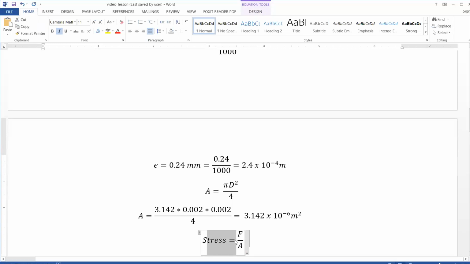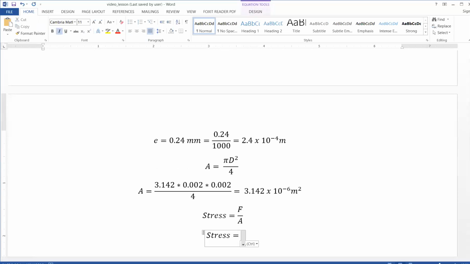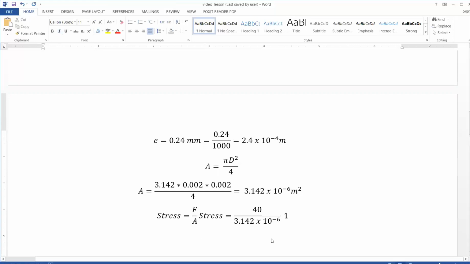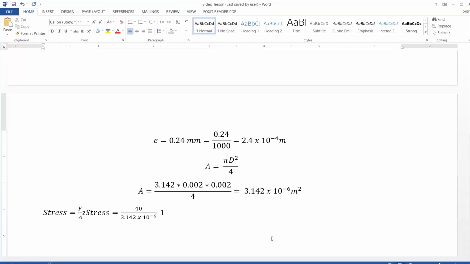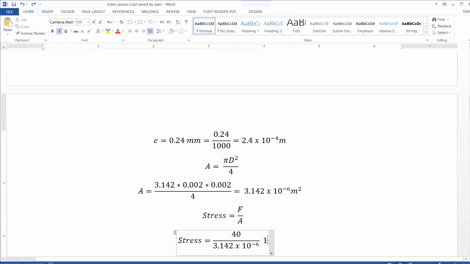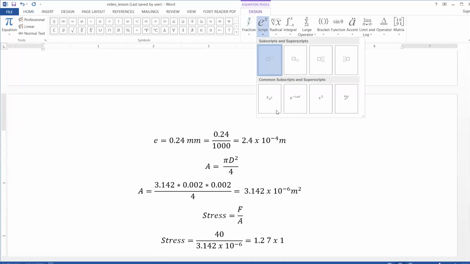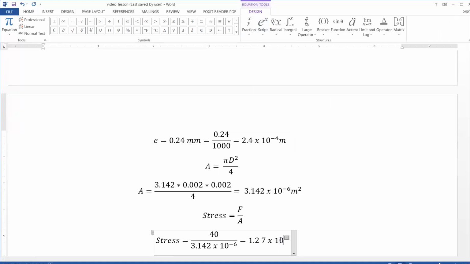So from here, we can calculate our stress as 40 divided by the area that has just been calculated. 40 divided by 3.142 times 10 to the power minus 6 will give us 1.27 times 10 to the power 7.